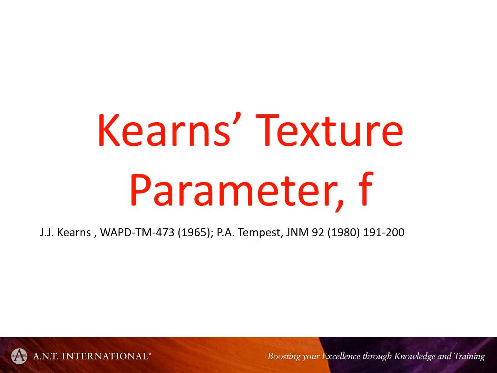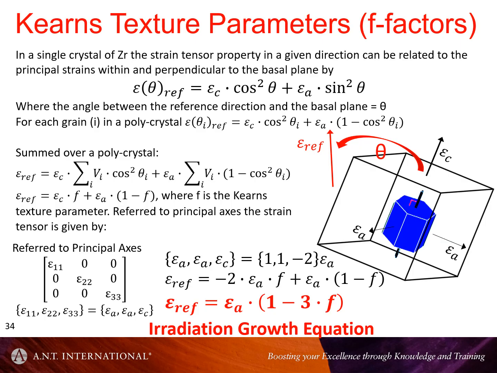Finally, the Kearns texture parameter. What is a Kearns texture parameter? It is a way of resolving the strain for a single crystal. So for each grain, one can transform the strain in the grain onto the component reference axis.